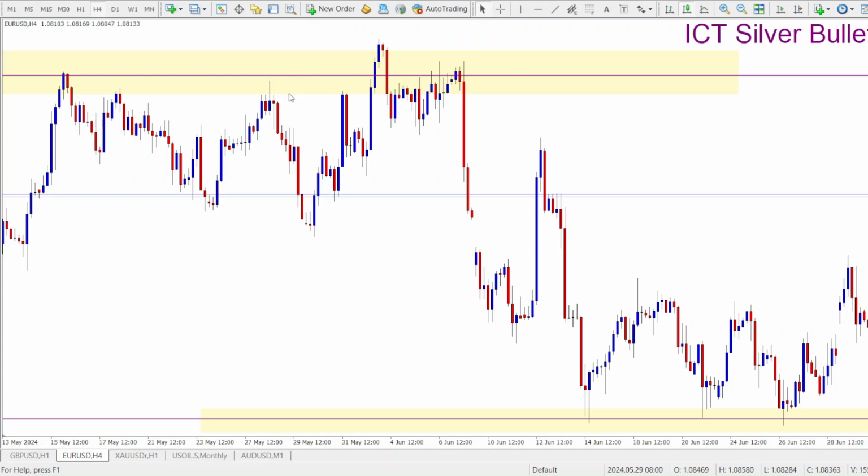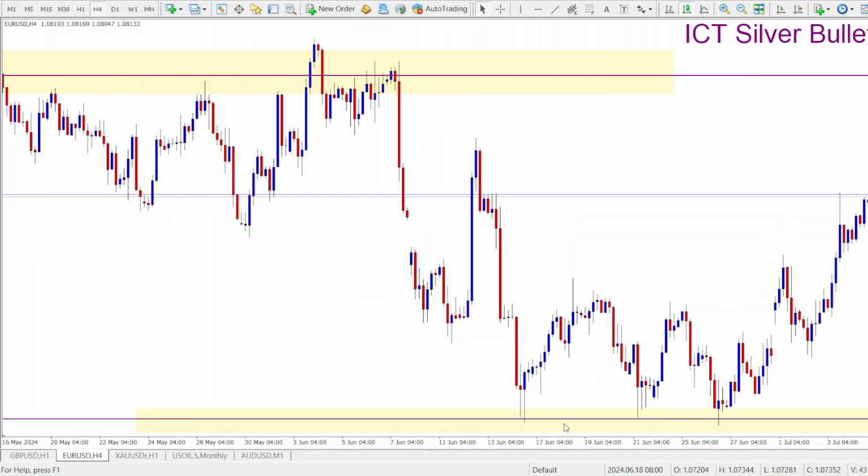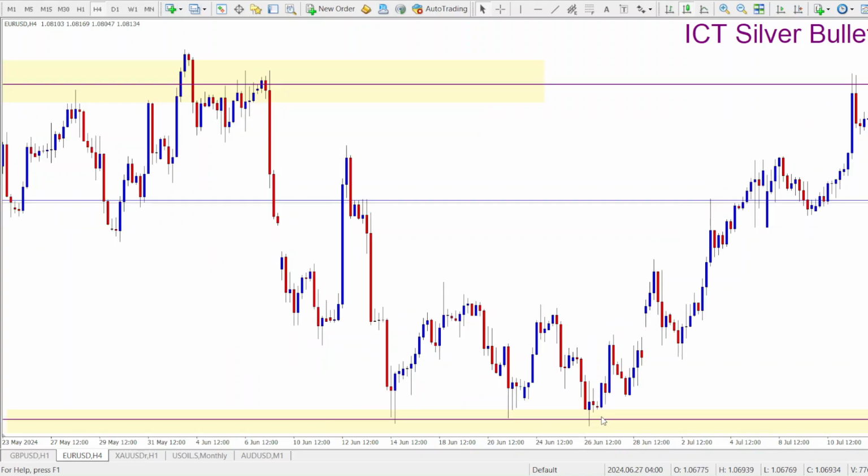That would have been an entry signal. In this situation we can see that this was also a bullish candlestick pattern, so it would have been an entry signal for a buy.